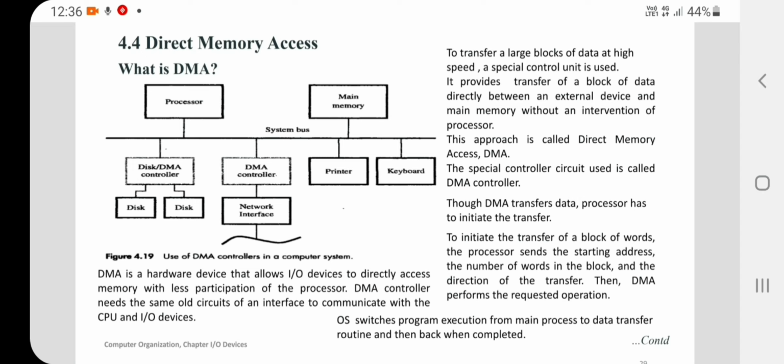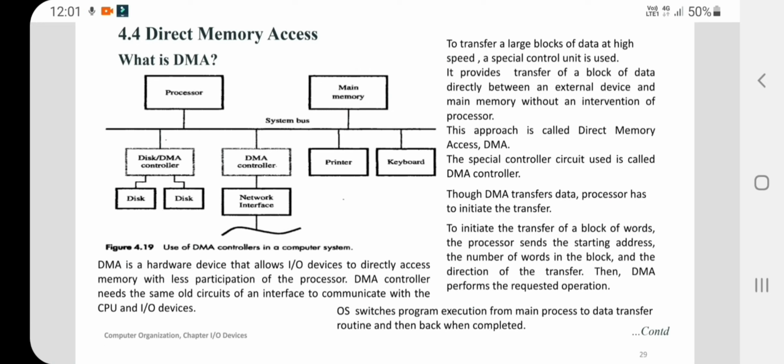So the two directions of transfer are there: one is write operation, another is read operation. So read means from main memory to external devices, and write means from external devices to main memory the data transfer takes place.